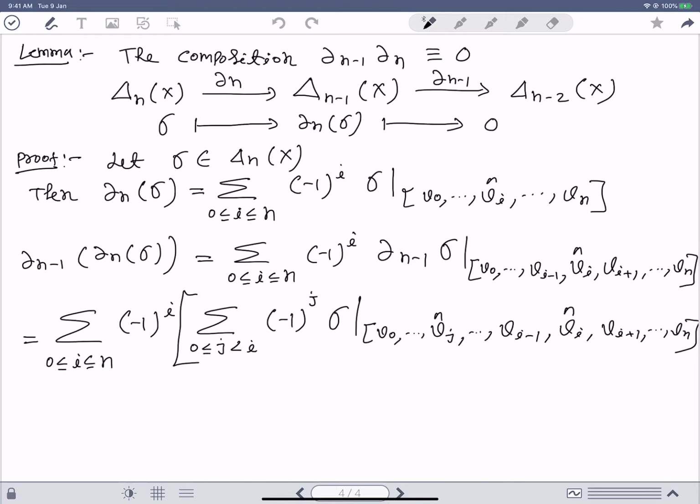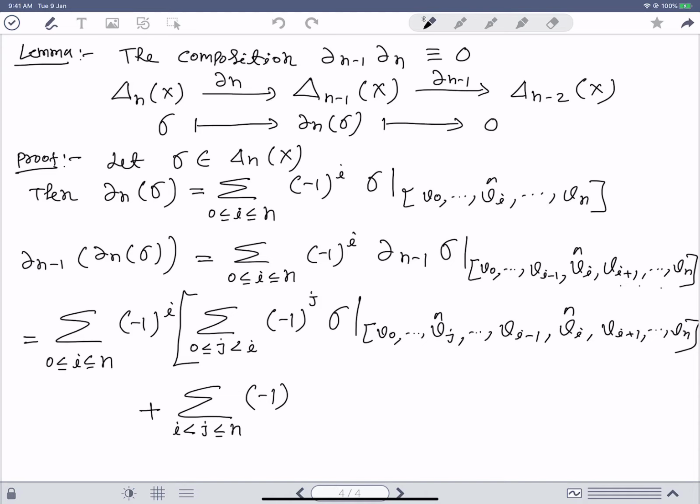So this part, plus the summation where we have already varied j from 0 to i, now it will be i to n. Obviously j is not equal to i, so j will be strictly bigger than i, so j less than or equal to n. Now we have to define the power of minus 1. Now we have to remove the points from this side.